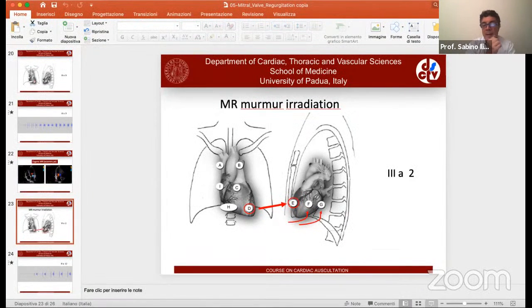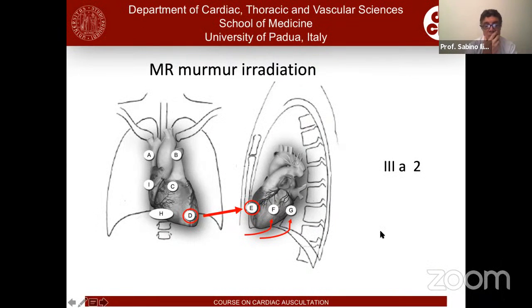Usually, if you have a mitral regurgitation, the murmur will have its maximum at D. Ventricular septal defect will also have more or less the maximum in the same area. The difference is that ventricular septal defect will irradiate through H, exactly in the opposite direction than the mitral regurgitation.